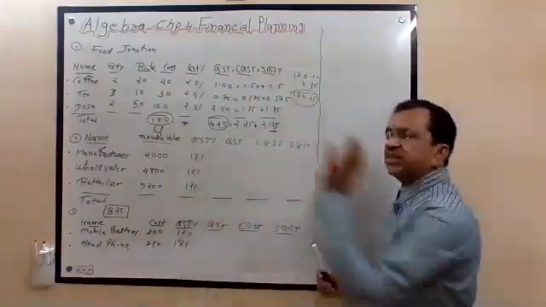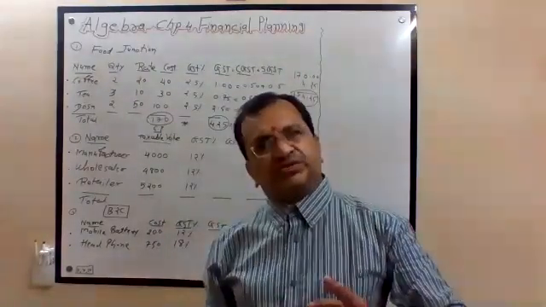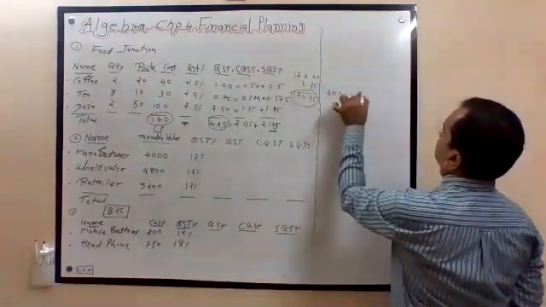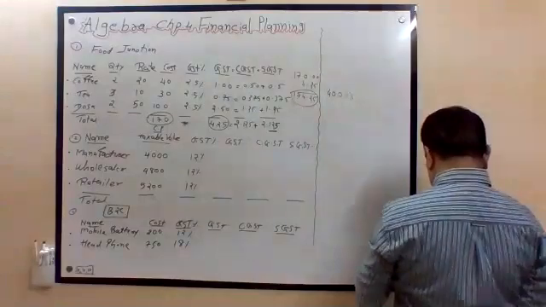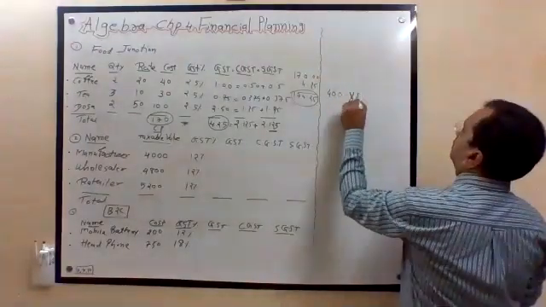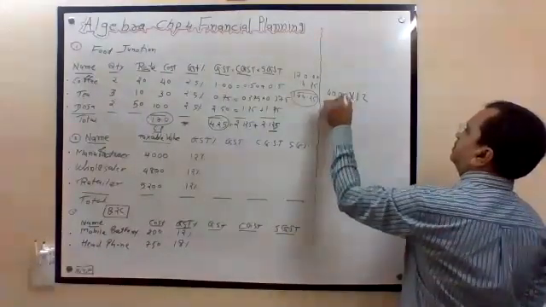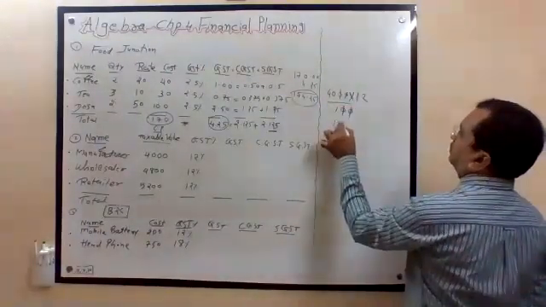Now, 12% out of 4,000. 1, 2, 3, 12, divided by 100. So it is 480.